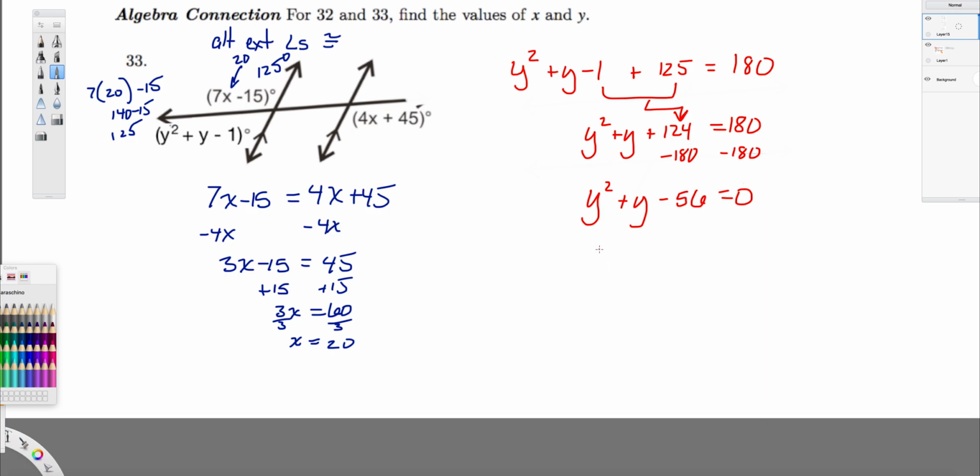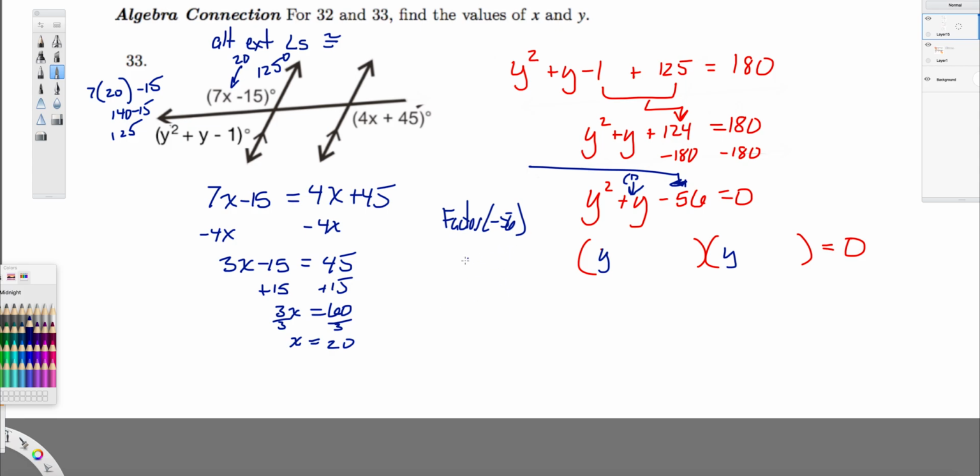And then two binomials, factor two binomials. First term is going to be y and y. This term, we need to factor negative 56, so it adds to 1. That's a 1 right there in front of the y. So what are the factors of negative 56 that add to 1?